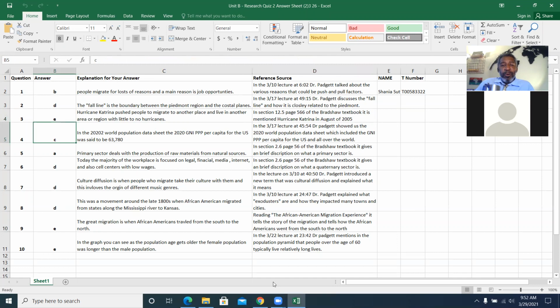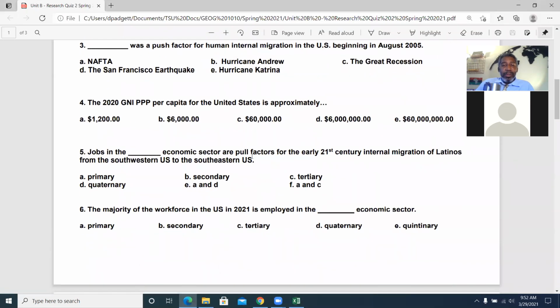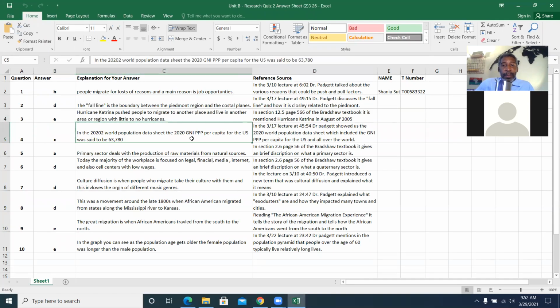Let's try one more. Number 4. Since Sutton seems to be getting better now, it's number 4. She said the answer was C, correct. Population data sheet. This has the exact number. This is something else. If you find data, include the data in your answer. Don't just say, oh, I looked at the 2020 U.S. World Population data sheet.